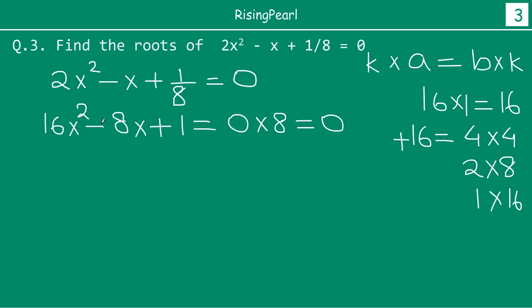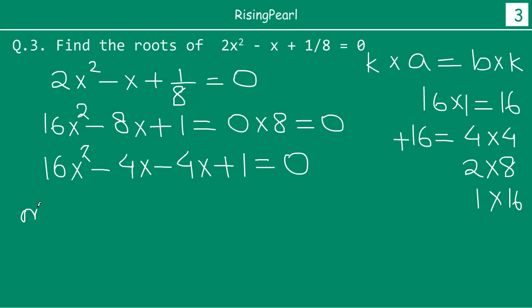If you look at the middle term, we need minus 8. So if we do minus 4 and minus 4, that works. For other combinations, we will not get it. So we are going to split this as 16x squared minus 4x minus 4x plus 1 equal to 0. From here, let's take 4x common.